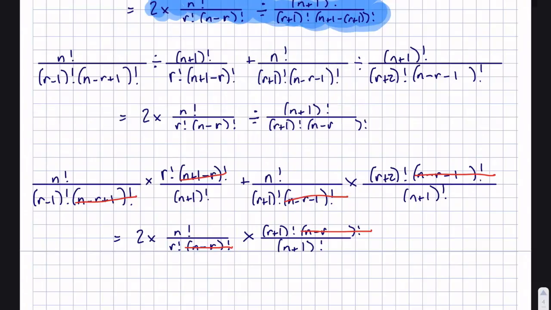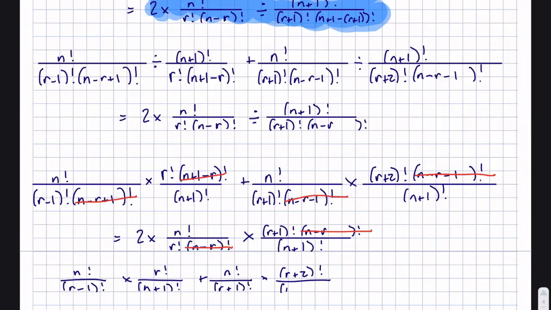So what I've actually got is n factorial over (r minus 1) factorial times r factorial over (n plus 1) factorial plus n factorial over (r plus 1) factorial times (r plus 2) factorial over (n plus 1) factorial equals 2 times n factorial over r factorial times (r plus 1) factorial over (n plus 1) factorial.